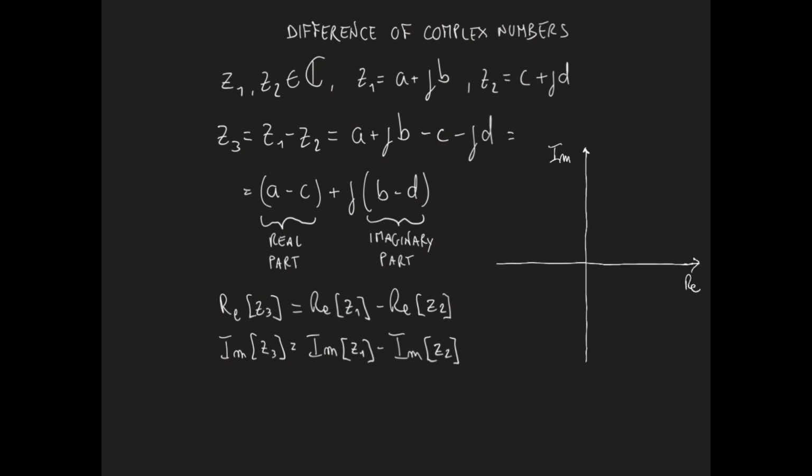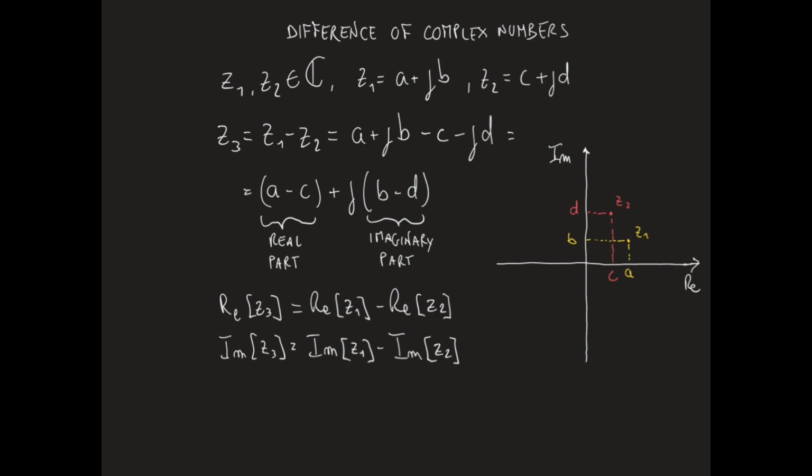So as before, z1 has coordinates a, the real part, and b, the imaginary part, and z2 will have coordinates c, its real part, and d, its imaginary part.